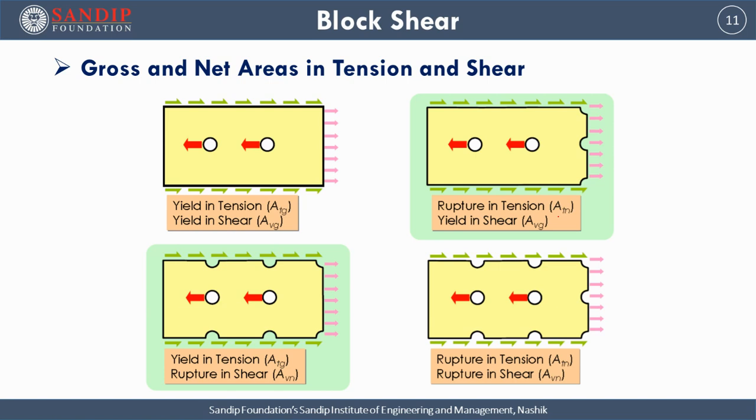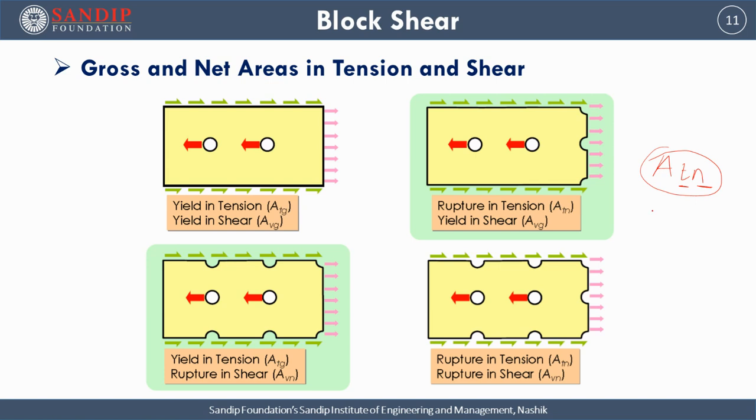Rupture in tension. Rupture is always of net section. That's why it is referred to as ATN. Rupture is related to net area and tension, that's why the area which is resisting that rupture failure in tension is given by ATN.